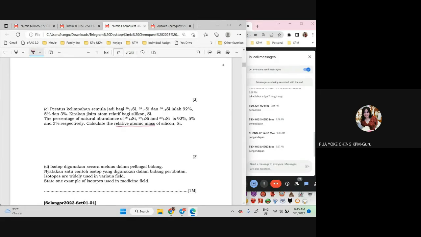So for this one, relative atomic mass ataupun JAR sama dengan take the nucleon number multiply with the percent. 28 darab 92 tambah 29 darab 5 tambah 30 darab 3 and then total divide by 100. Then you get your JAR.